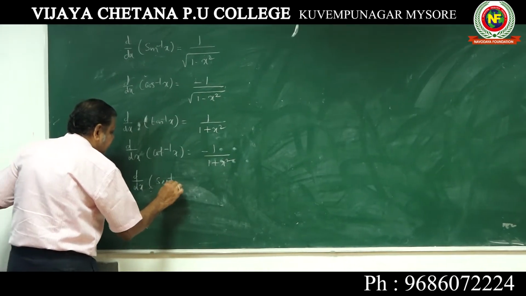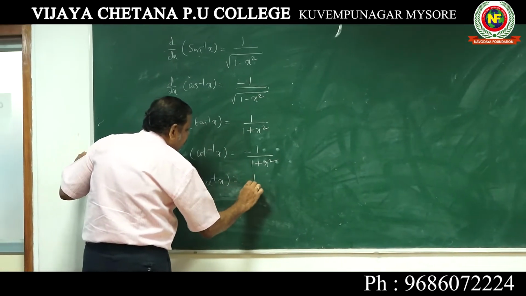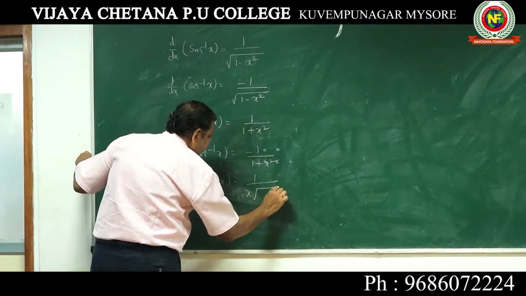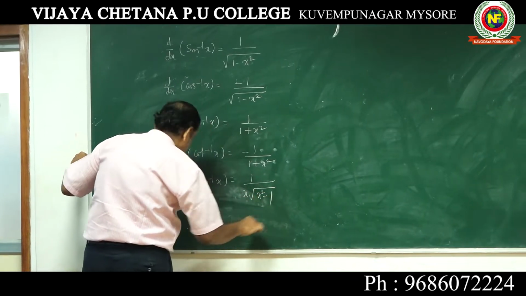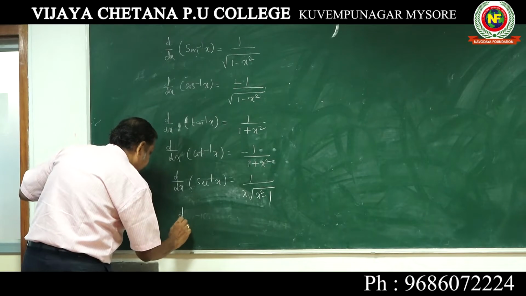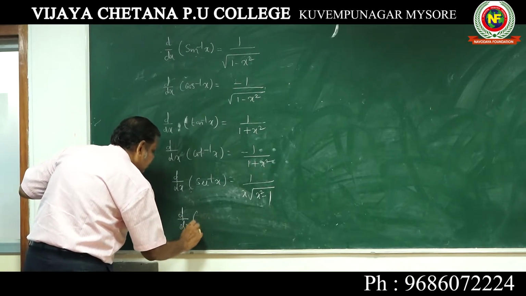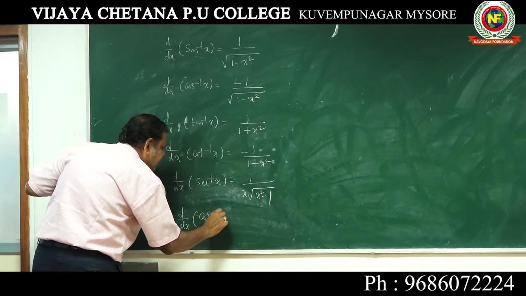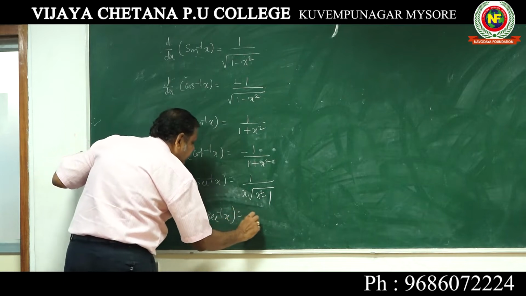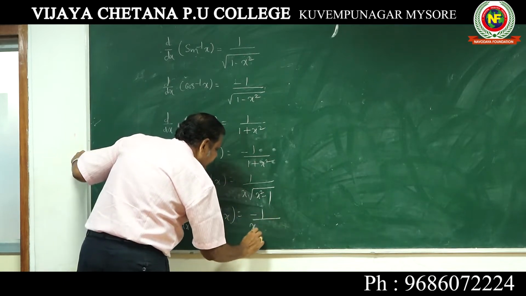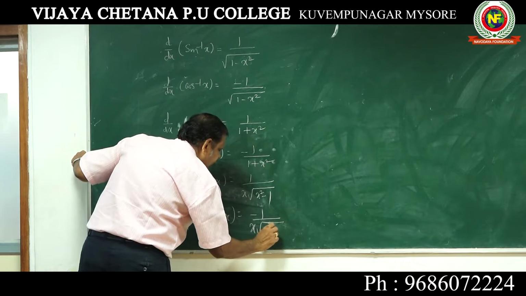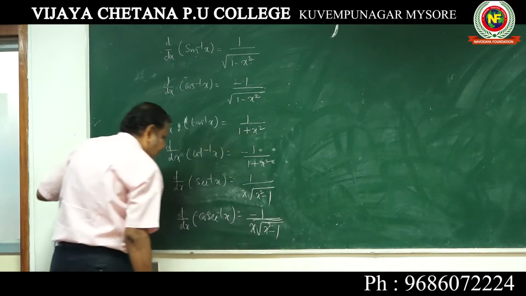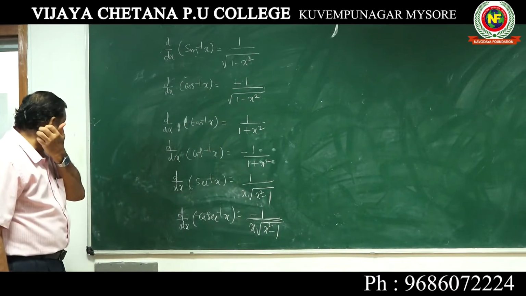dy/dx of secant inverse x is 1 over x square root of x square minus 1, and dy/dx of cosecant inverse x is minus 1 over x square root of x square minus 1.